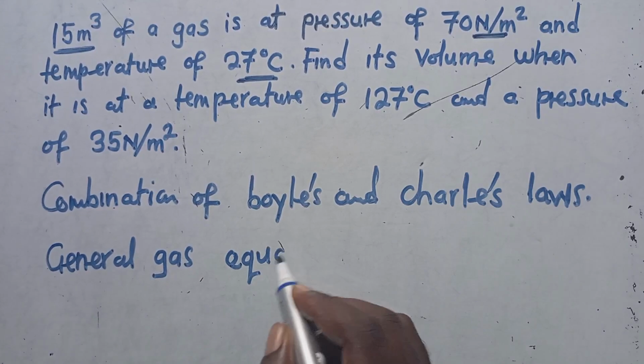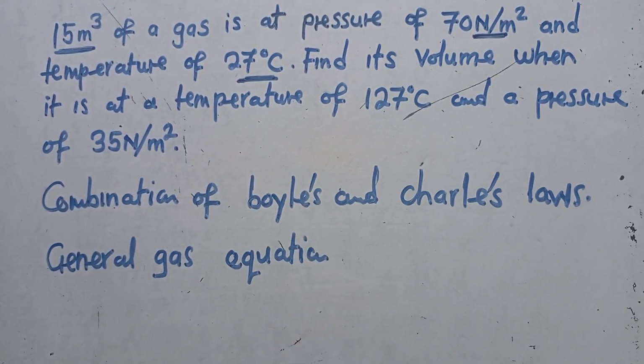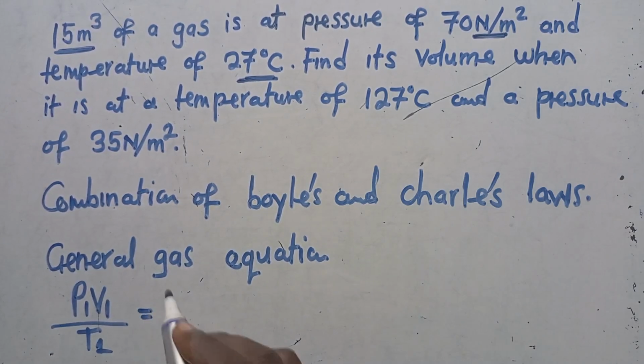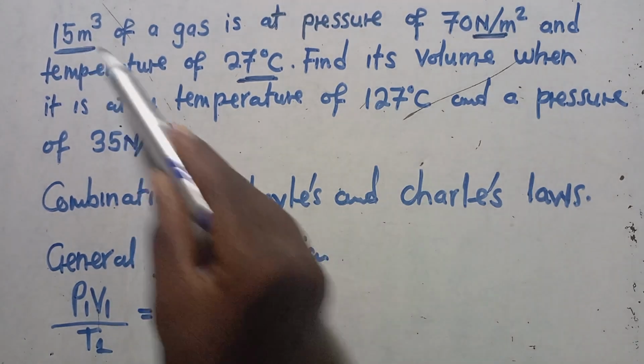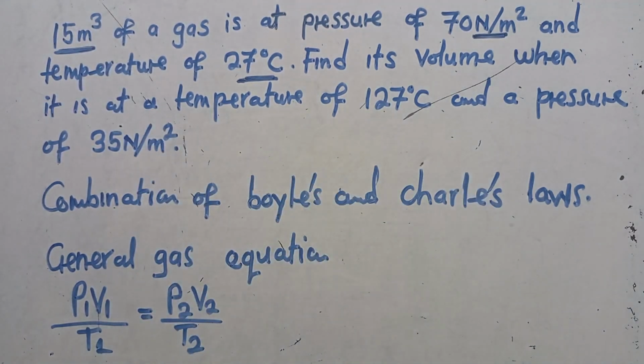The formula is like this: pressure 1 multiplied by volume 1 over temperature 1 is equal to pressure 2 times volume 2 over temperature 2. This is what we call the general gas equation, and you use it when three of these quantities are given. In this case, we are going to use this formula and just substitute in the values.